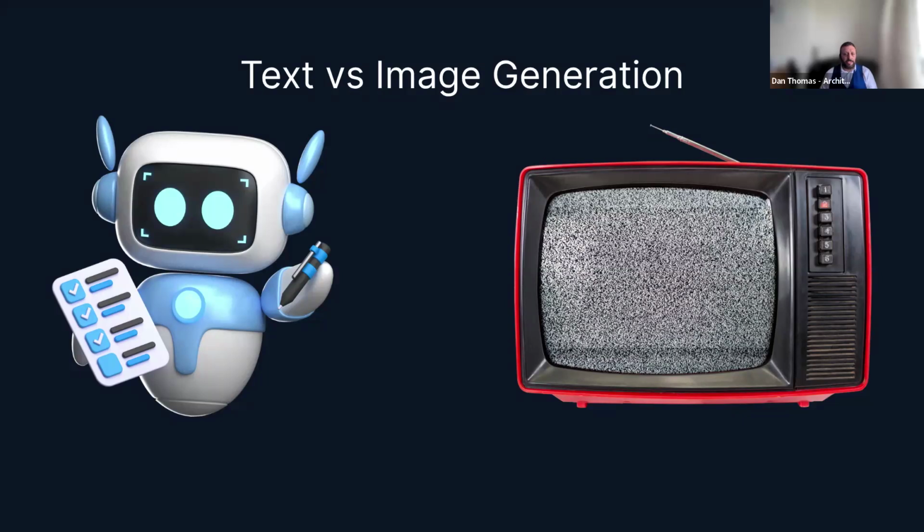Now, image generation is quite different. Image generation is things, well, diffusion models like DALL-E, which ChatGPT uses, Stable Diffusion, Midjourney. In essence, the way they are trained is similar to the way LLMs are trained with text, they are trained with images.